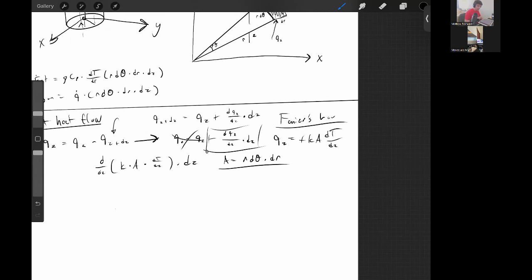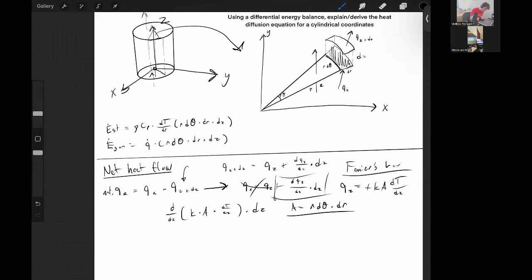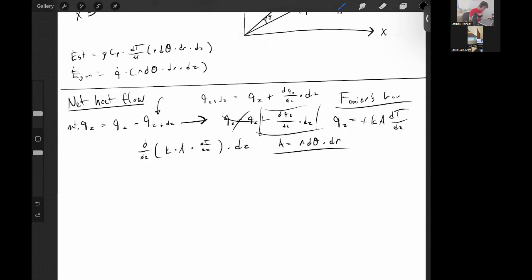So that's our area. And this is where I get back to us pocketing this knowledge. This gives us our like terms over here to relate this net heat flow for the z direction. So when I do this, I get dz, k, multiplied by our temperature gradient, multiplied by r change of theta, multiplied by change of r, multiplied by change of z.